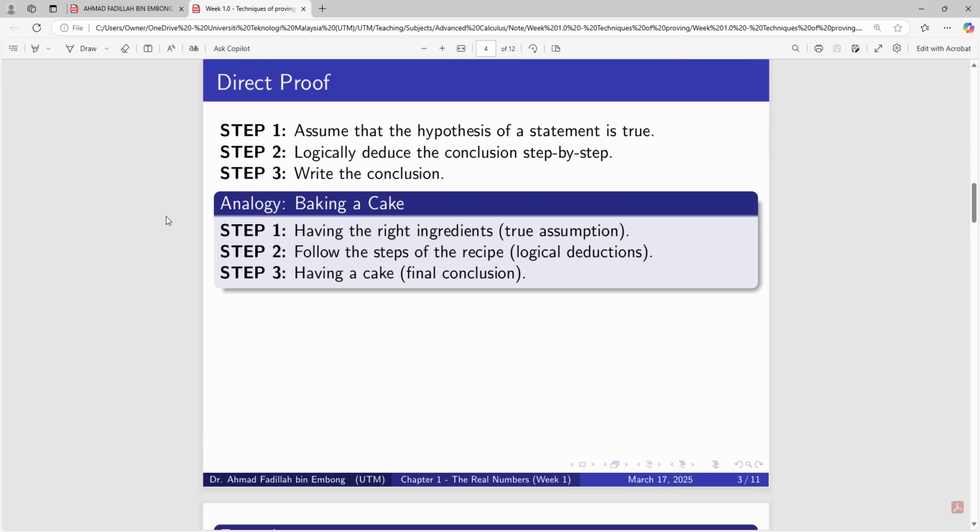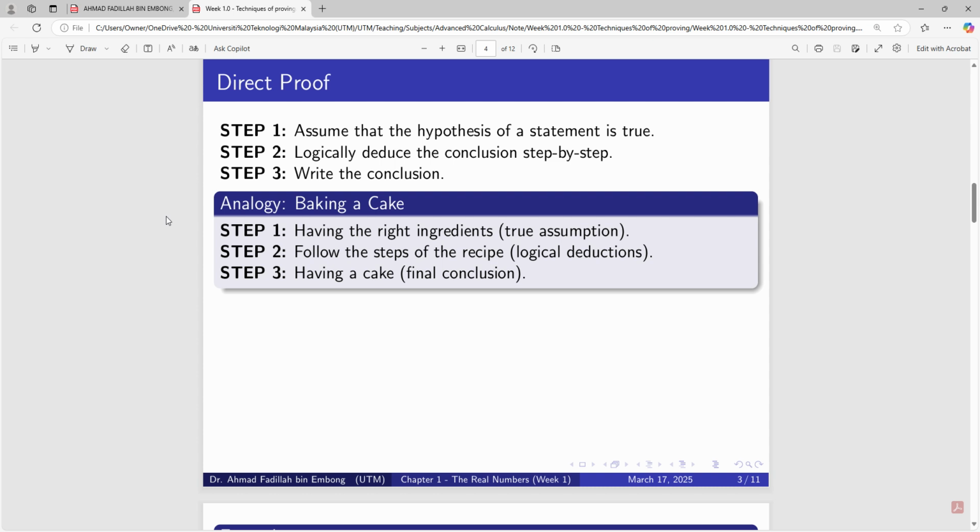Okay, so I would like to give an analogy for direct proof. For example, we want to bake a cake. Here we have the right ingredients. That right ingredient is actually the true statement. Then we follow the steps in the recipe, which in direct proof is the logical deduction, and then you get a cake, which is the final conclusion.